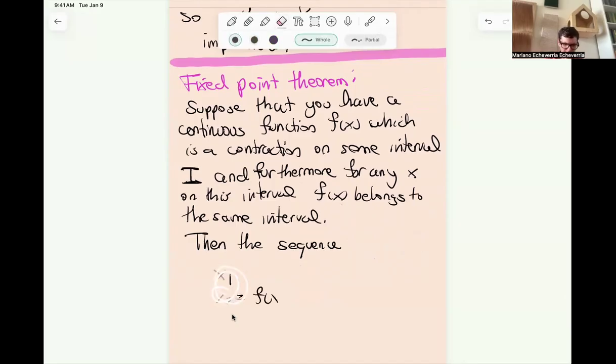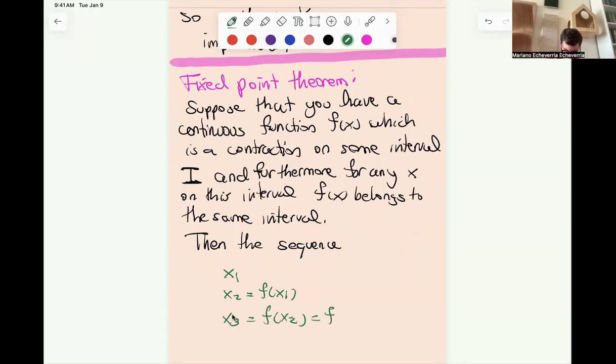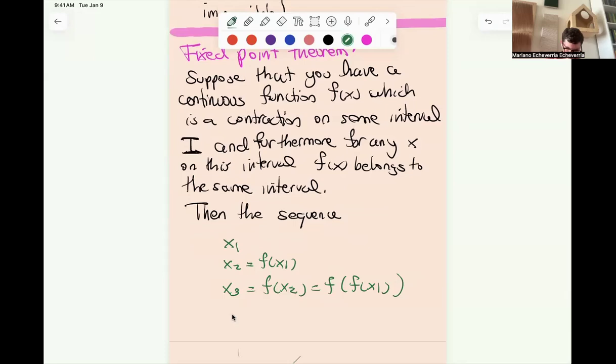let me write the sequence in a different color. The starting point is an arbitrary starting point. And then once you have the arbitrary starting point, you start hitting it with f.